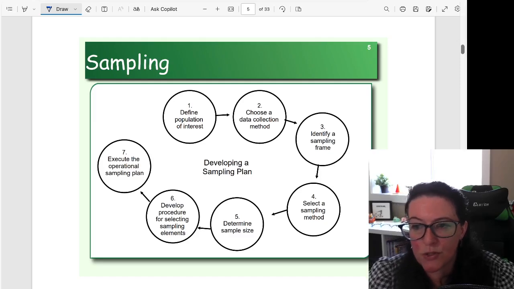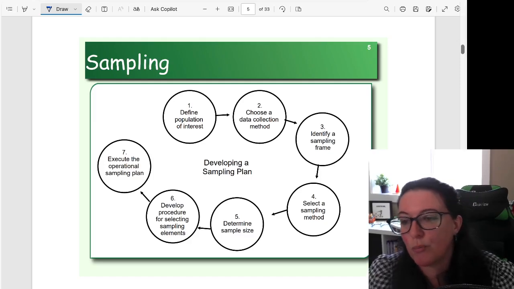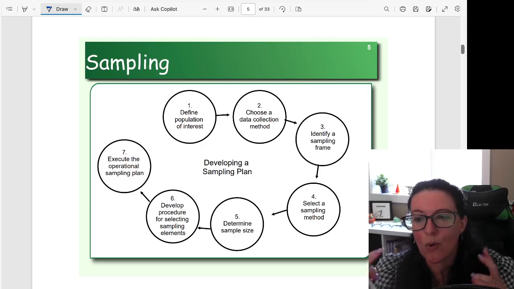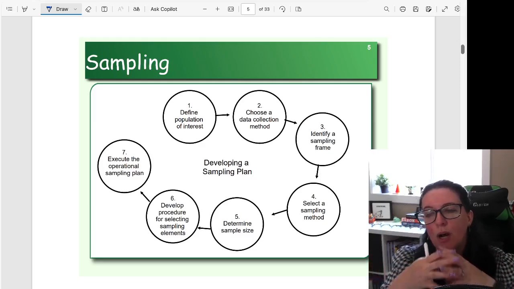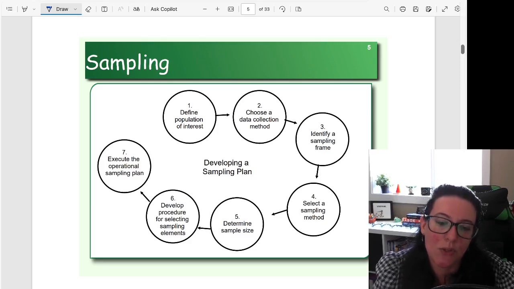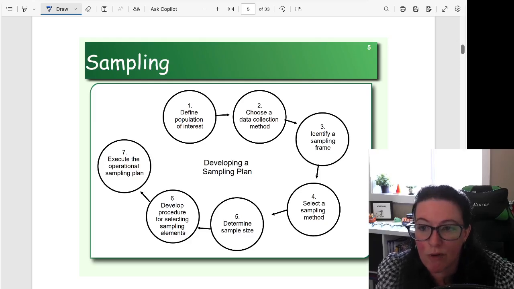So if you want to do research on certain treatments, maybe there's a support group, for example, that is for people with that. And so if they're a partner in your project, they might have a list of members of their organization. And so you could be pulling from that. So where is your sample coming from? That would be the sampling frame.